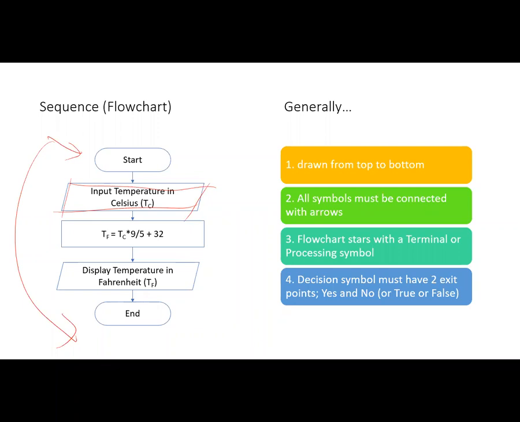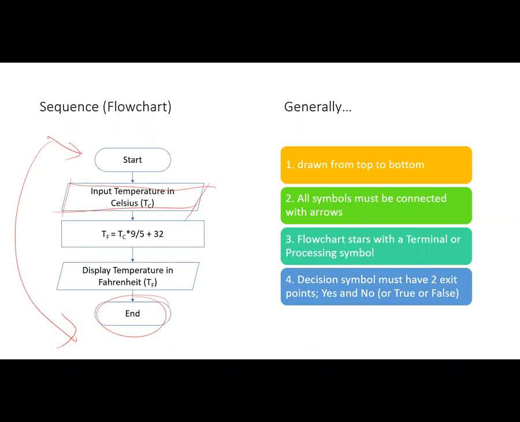The next step is the process of converting temperature in Celsius to Fahrenheit, so we use this process symbol. Finally, we need to display, write or print, the temperature in Fahrenheit, and the flow chart ends with the terminal symbol.